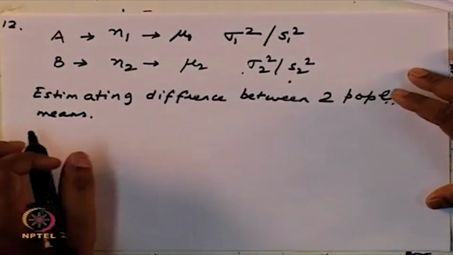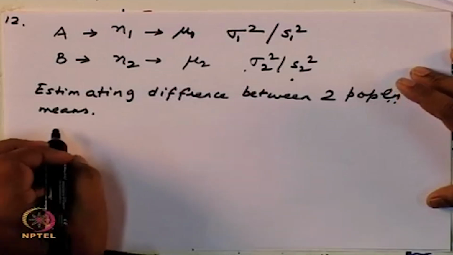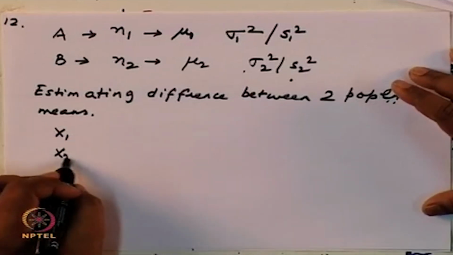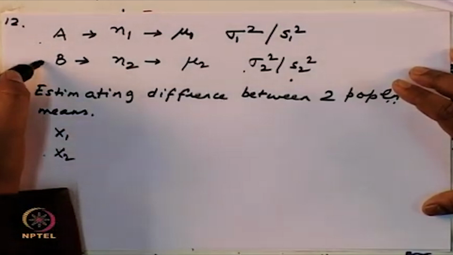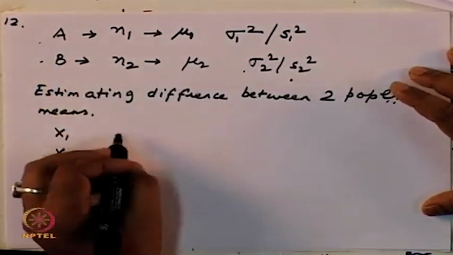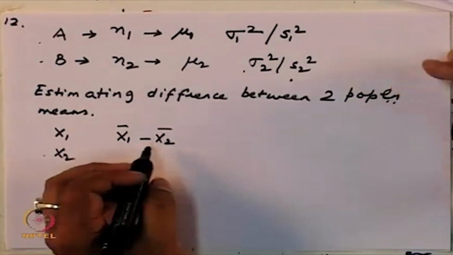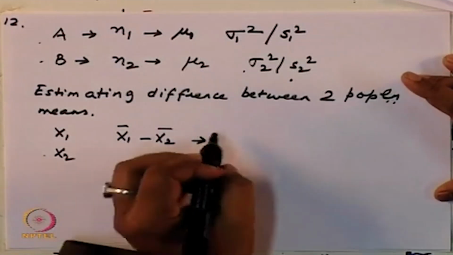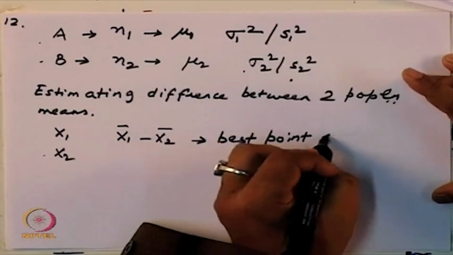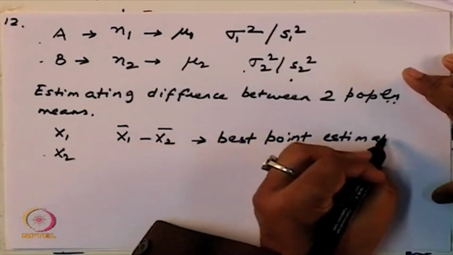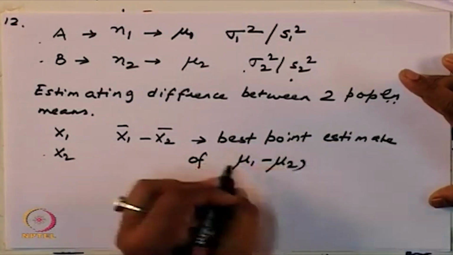What we want to know is, if you have two random variables x1 and x2, this is corresponding to the drug response of A, this is corresponding to the drug response of B. We want to calculate x1 bar minus x2 bar, and intuitively you would think that this is the best point estimate of mu 1 minus mu 2.